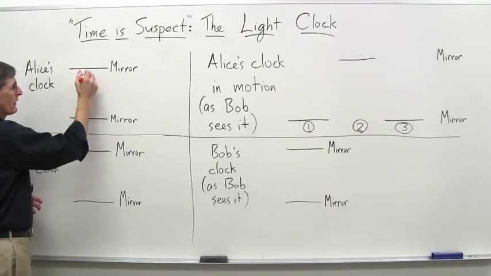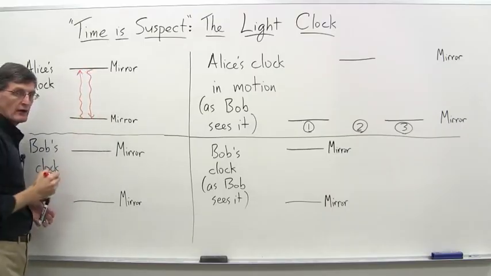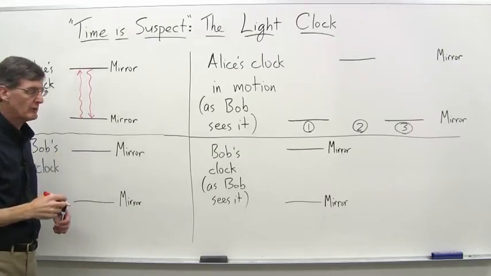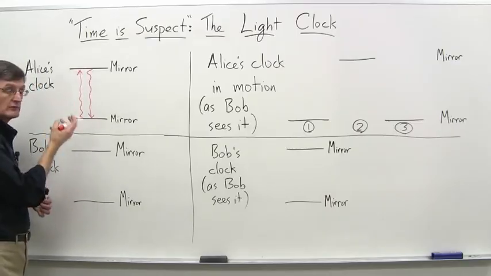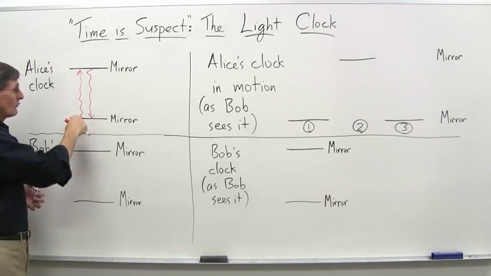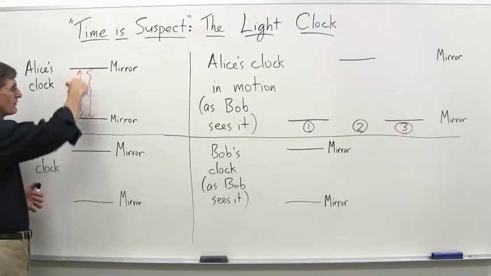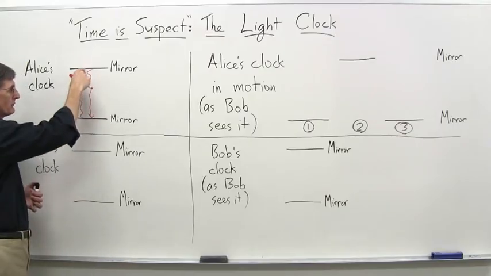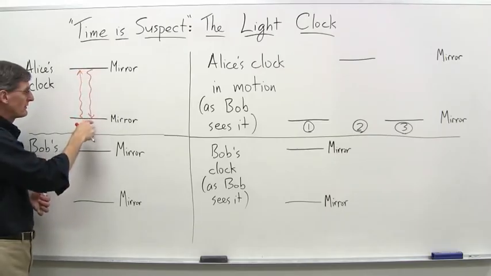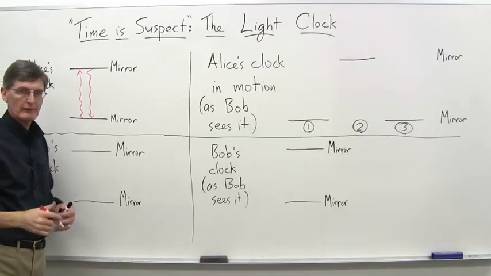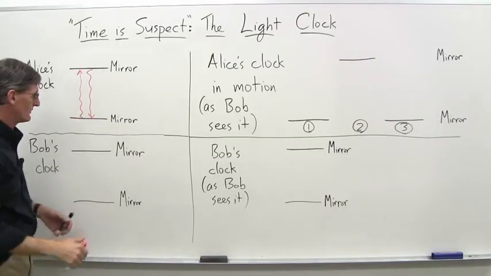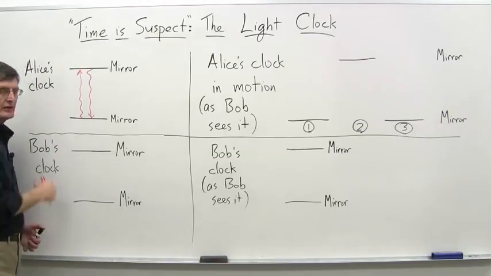It hits the top mirror, travels back down again, and obviously then would keep bouncing back and forth between the various mirrors. And we'll say of this light clock, this apparatus, that one tick of the clock represents one round trip of the light beam. So it goes up, bounces off the upper mirror, comes back down, and when it hits the bottom mirror, we hear a tick. So it's just tick, tick, or tick-tock if you want to do the tick-tock noise there. So that's the idea of a light clock.